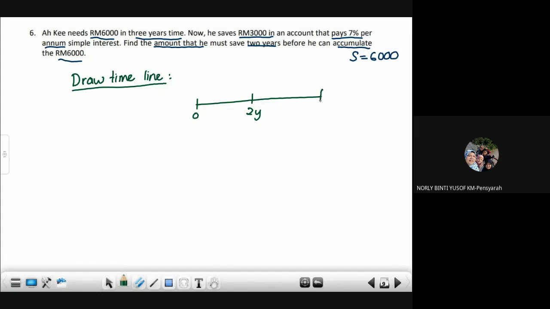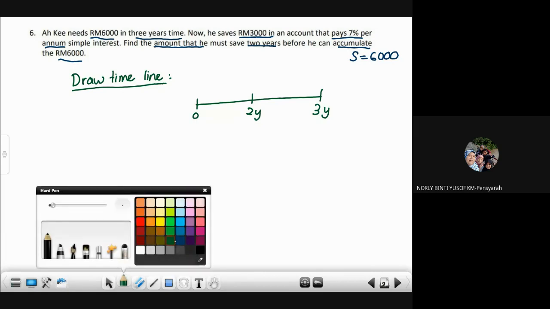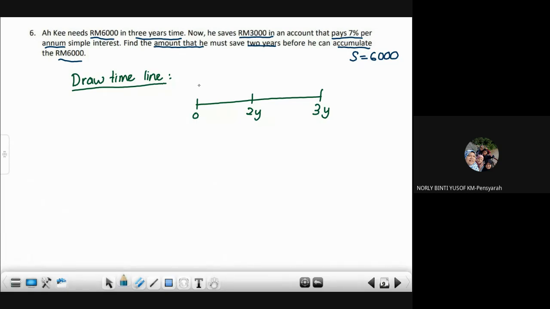Then, lastly, 3 years. So, dekat sini kita pun masukkan. He saved 3,000. You punya R adalah 7%. T adalah 2. So, this one T 2 lah. If you want to put here also can. T is 2.